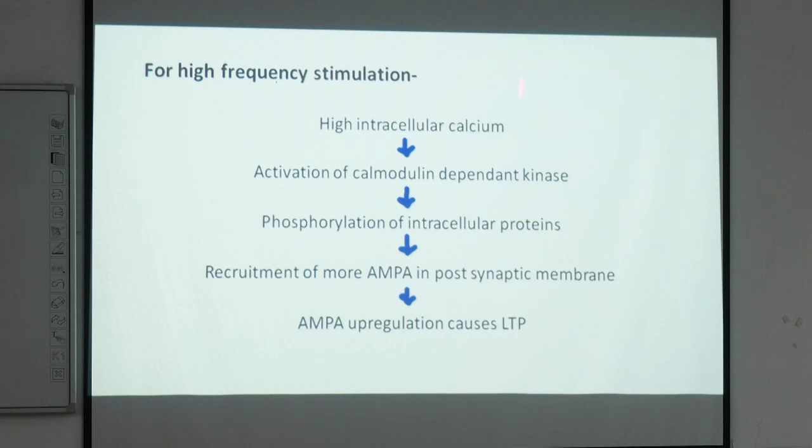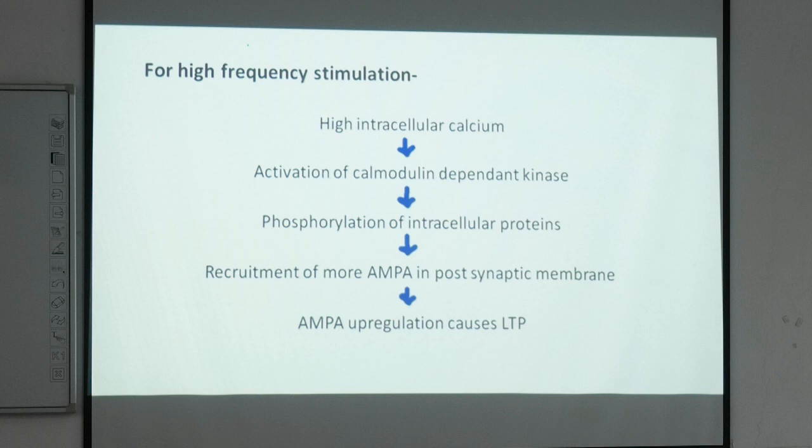When it is very high, there is activation of calmodulin dependent kinase, which phosphorylates some intracellular proteins and causes recruitment of more AMPA channels in the postsynaptic membrane. AMPA upregulation is the basis of LTP.